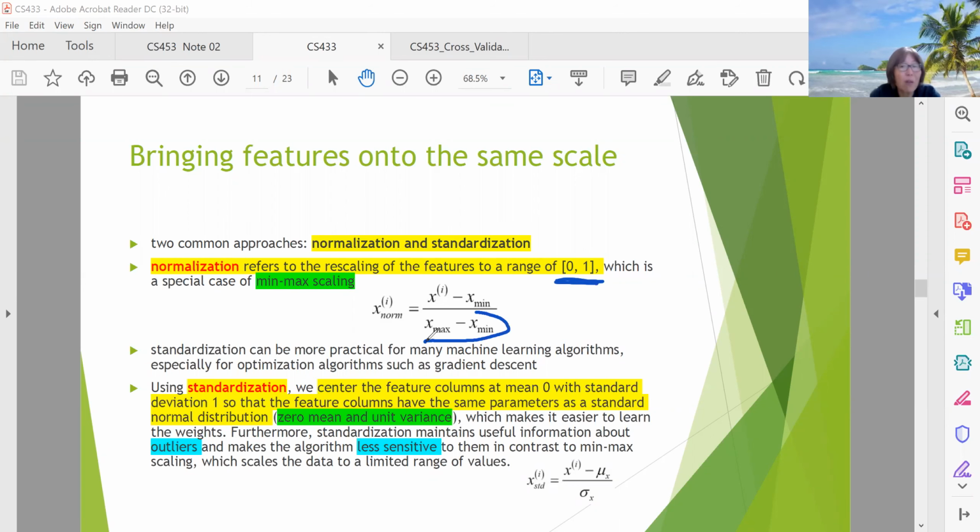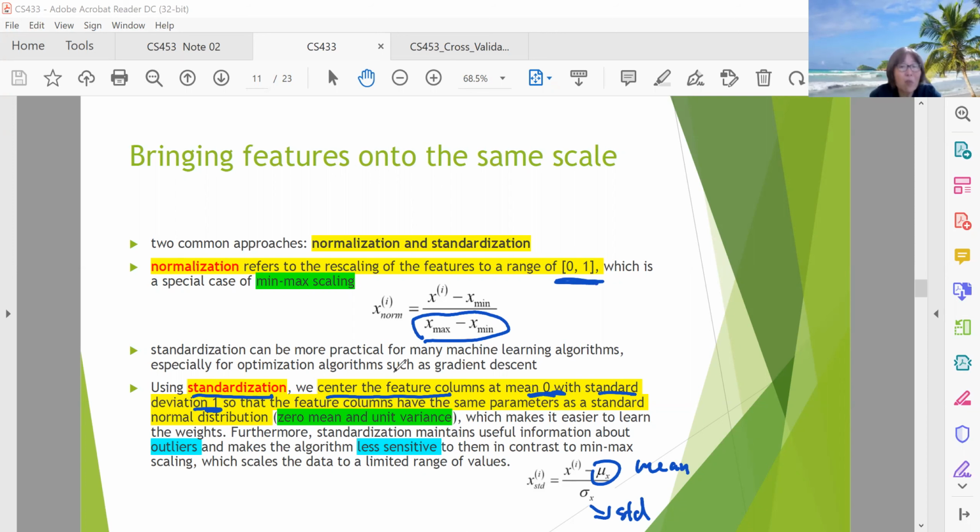So you use the value minus the minimum, and divide by the difference between the max and the minimum. So this we call normalization. And standardization is we are going to center the feature column at a certain mean value with some standard deviation. So this is about the mean, this is the standard deviation.